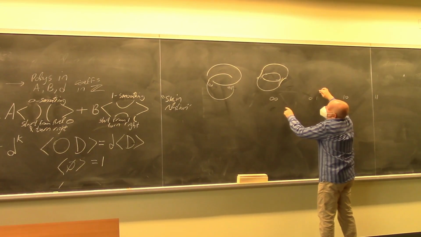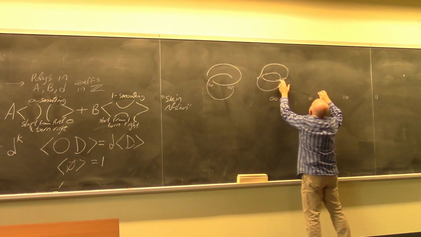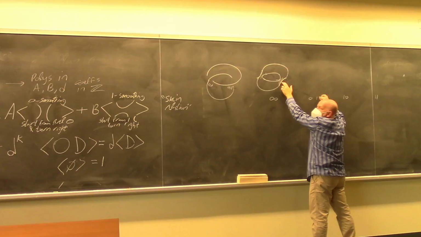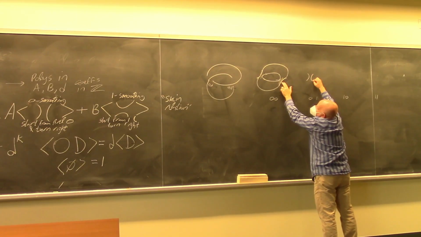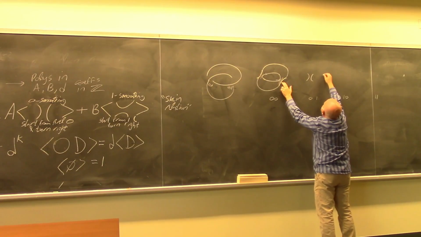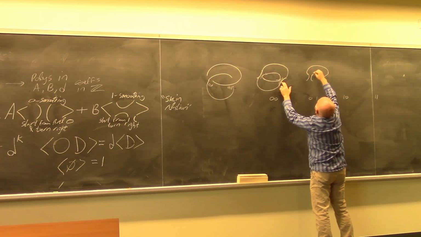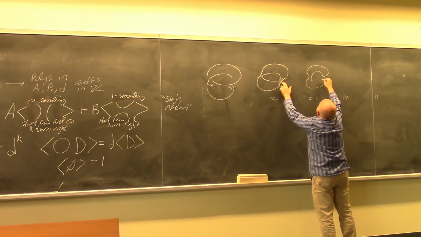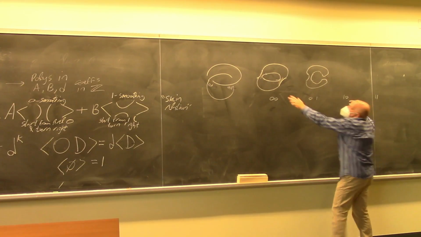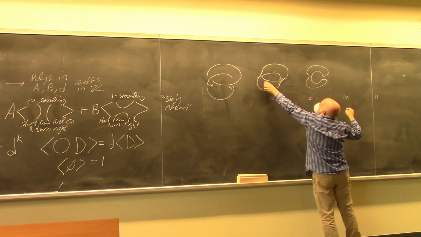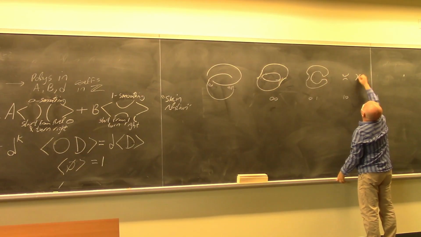In the 0, 1 smoothing, you flip the smoothing on the right. So the smoothing on the left stays the same, but the smoothing on the right gets flipped to being that. And you're left with this picture. In the 1, 0 smoothing, you take this and you flip the smoothing on the left. So you have this picture.